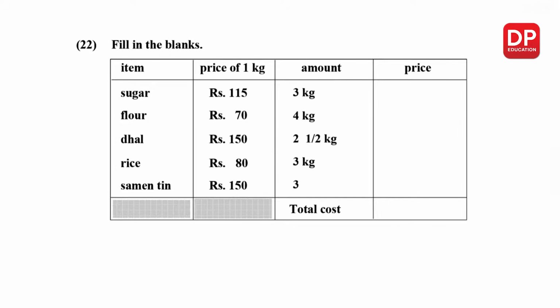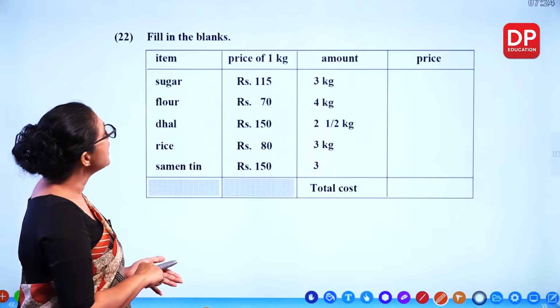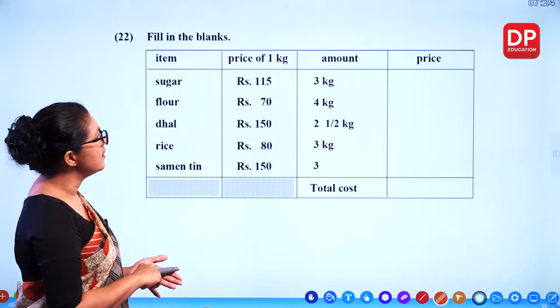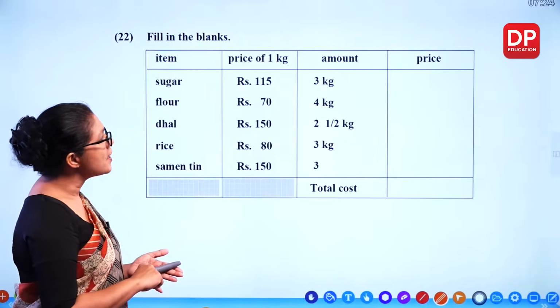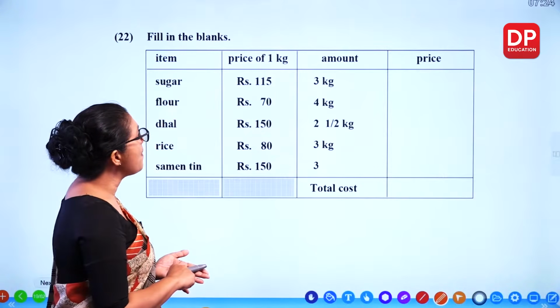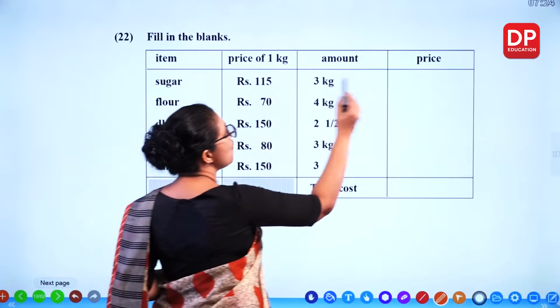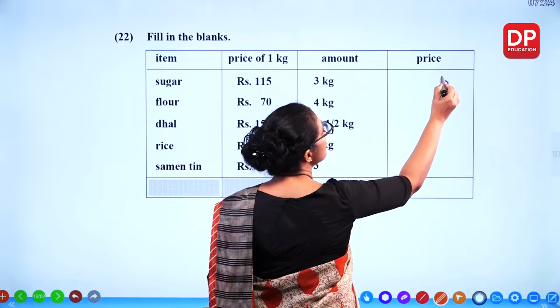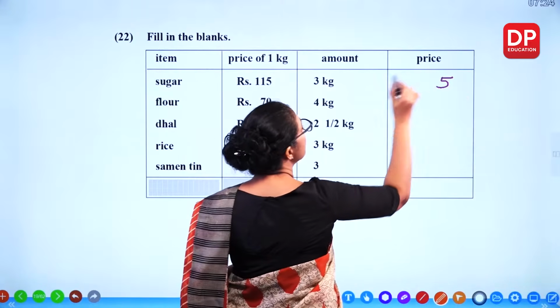Fill in the blanks. 1 kilo price is given for sugar. What about the price for 3 kilos? You multiply. 115 multiplied by 3. 3 times 5, 15. 1 remaining.